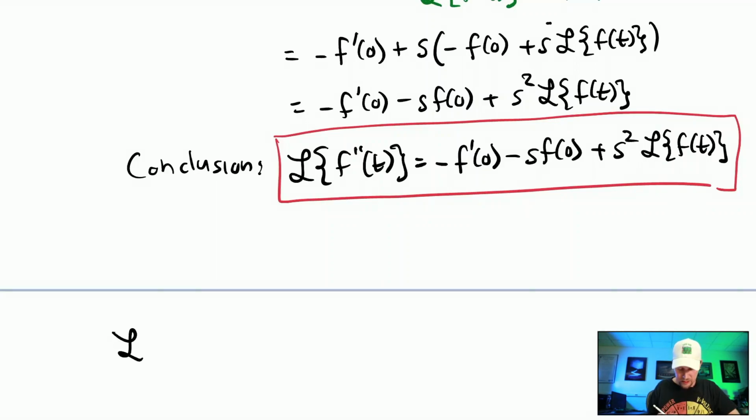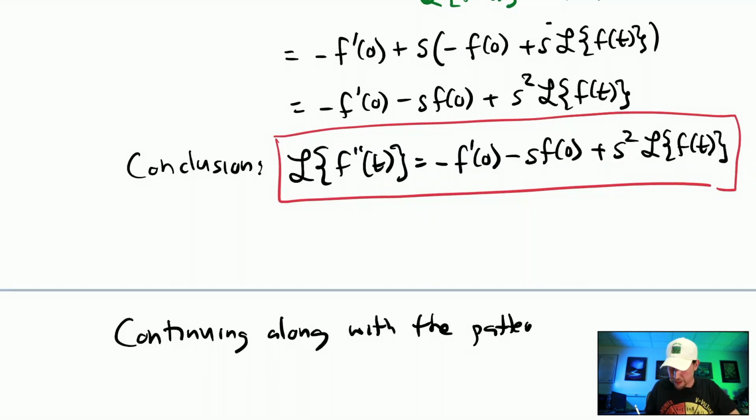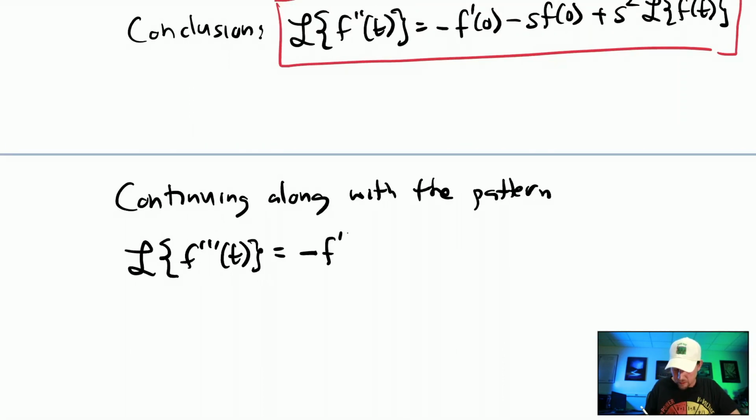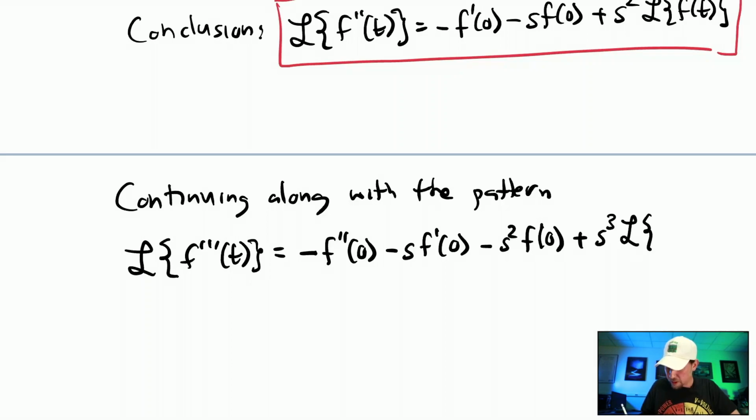So suppose that, continuing along with the pattern you're seeing, we could also say that the Laplace transform of the third derivative of f is going to be minus the second derivative at 0 minus s times the first derivative value at 0 minus s squared times the value of f of 0, and then finally plus s cubed times the Laplace transform of f of t, like this.